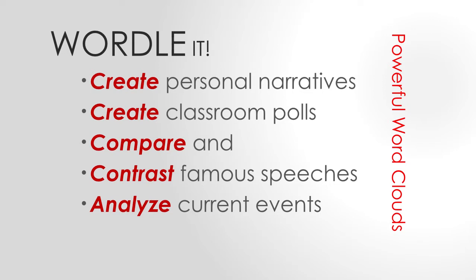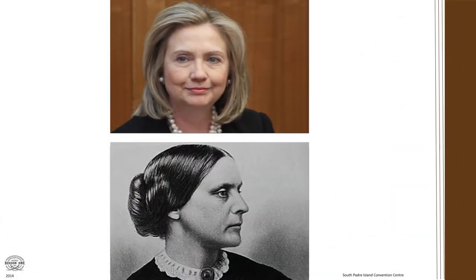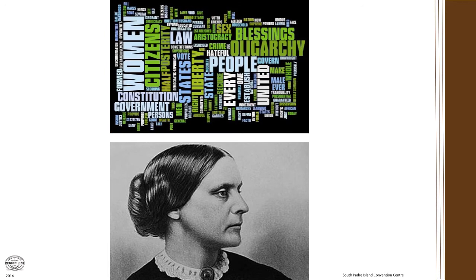Let's look at an example of Wordle comparing and contrasting famous speeches. In this example, Hillary Clinton and Susan B. Anthony are compared in the speeches they gave on women's rights. If we look at Susan B. Anthony's speech, she uses a variety of vocabulary words such as women, citizens, oligarchy, people, and constitution.